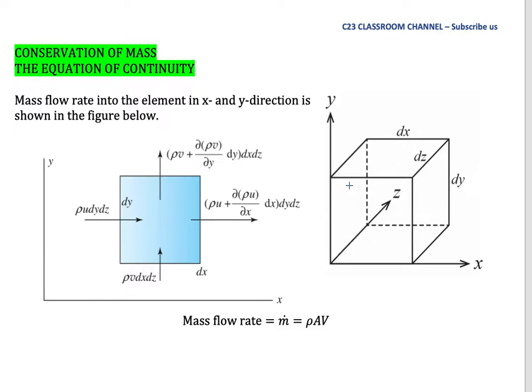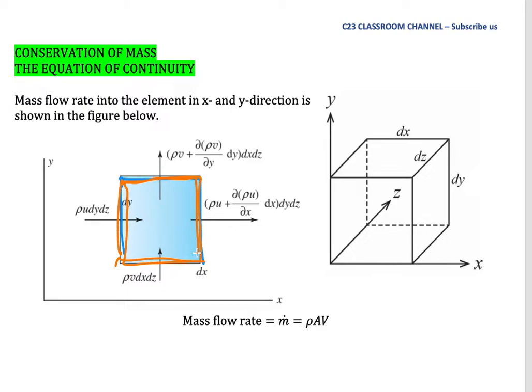So this is the basic diagram for the mass flow rate. I think you already know. We go for the Cartesian coordinate first. Let's say we have an element here, so we draw a box here, and then we assume that the inlet must be equal to the outlet.